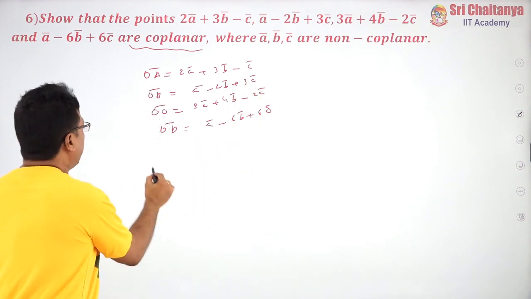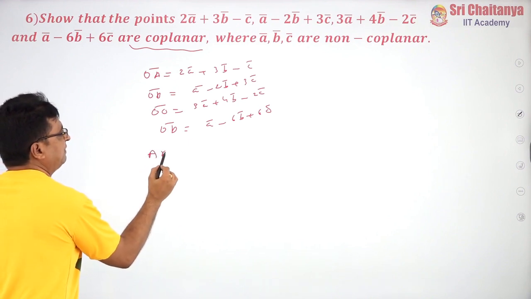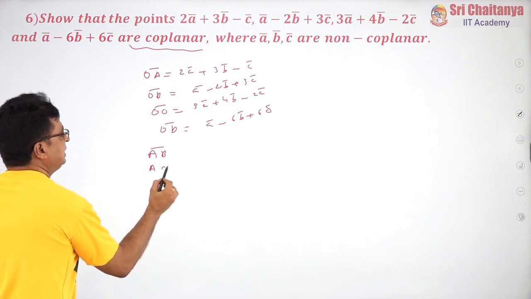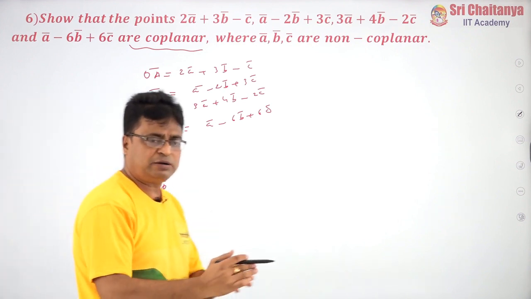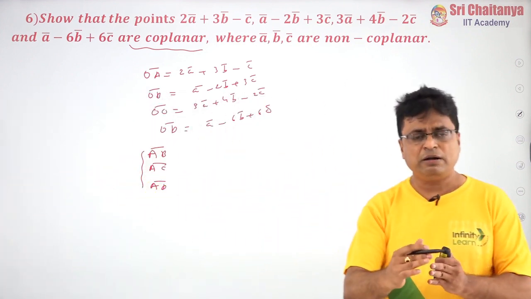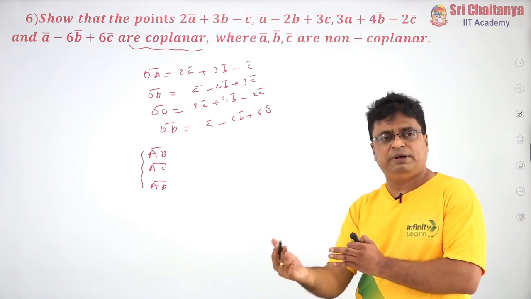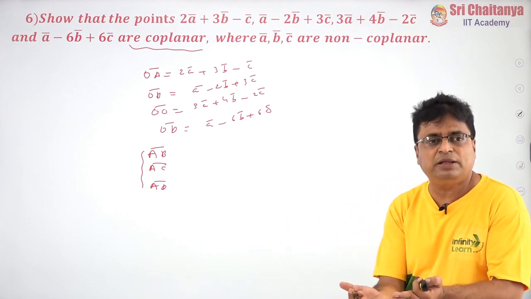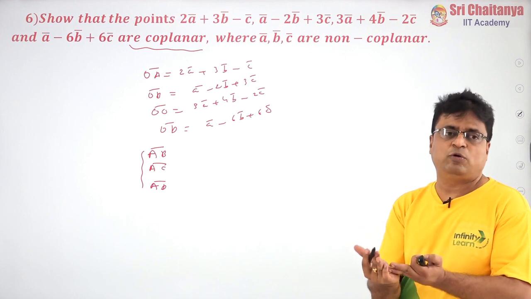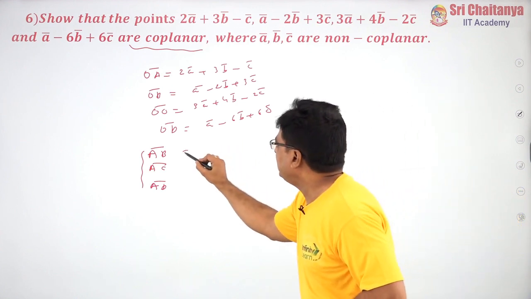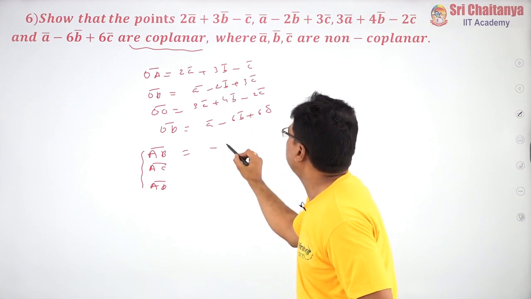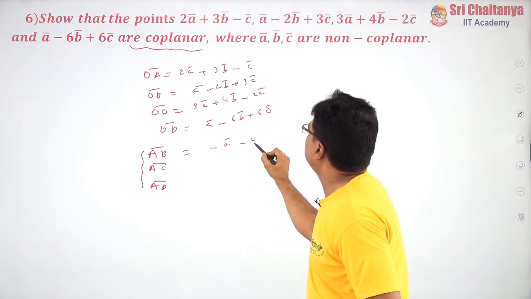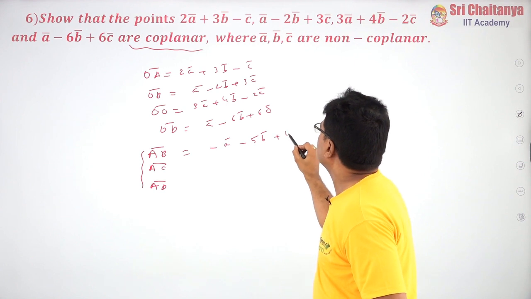You take it like this and you find 3 coinitial vectors AB bar, AC bar, AD bar. Or you can find BA bar, BC bar, BD bar, or CA bar, CB bar, CD bar. I am just applying the definition of coplanarity. Now, AB bar means OB bar minus OA bar, which is minus A bar minus 5B bar plus 4C bar.